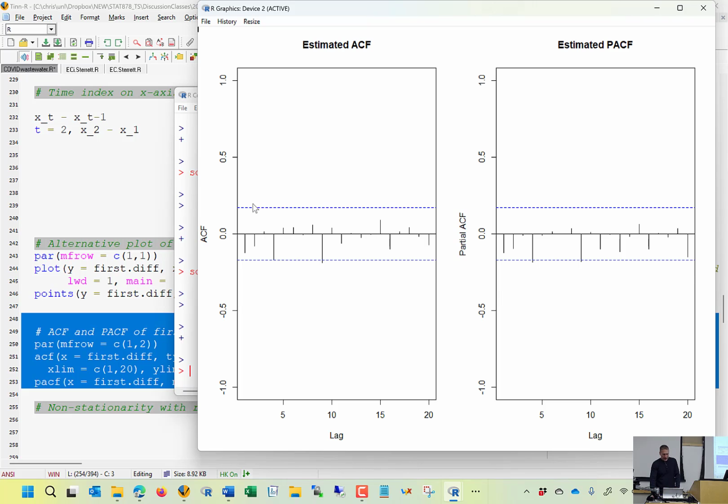Look how far these dashed lines are from 0. And just because you don't reject H0 does not mean that the autocorrelation is truly equal to 0 or the partial autocorrelation is equal to 0. You can't conclude that. But the first model that I would probably start off with is P equals 0, Q equals 0 with this data.